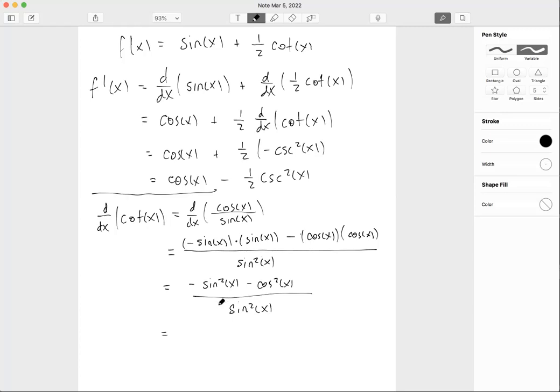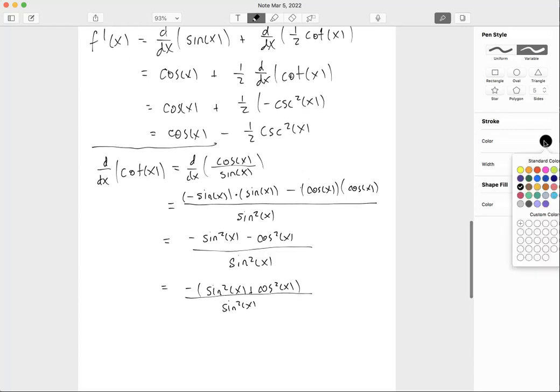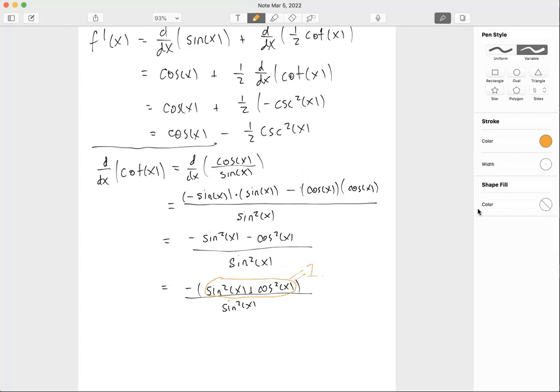From here, notice the numerator, if you factor out negative 1, we have sine squared plus cosine squared. Now this is a Pythagorean identity. Sine squared plus cosine squared is equal to 1.